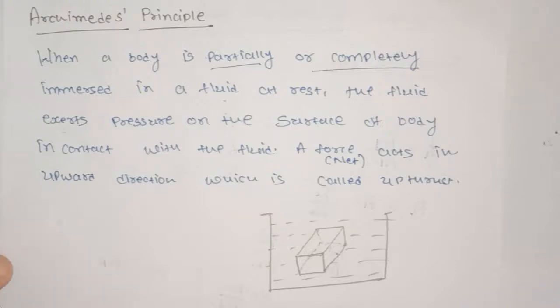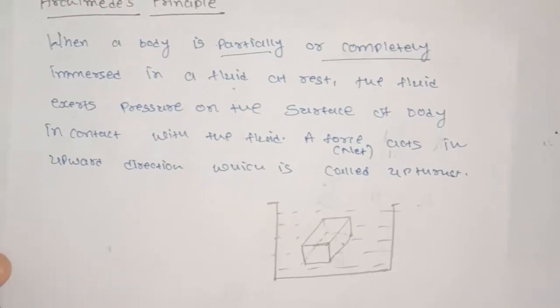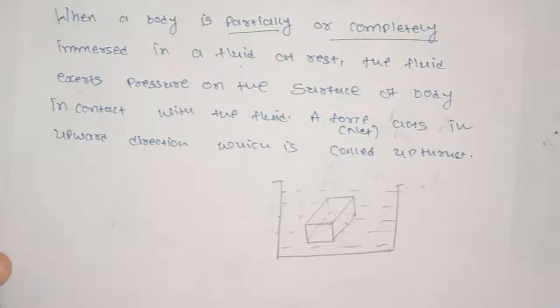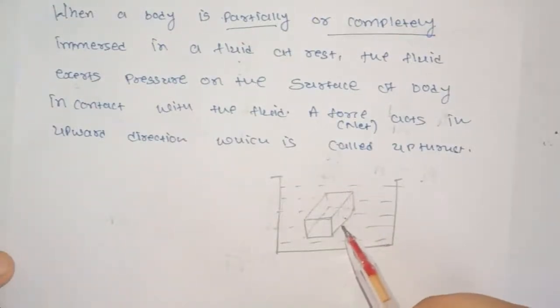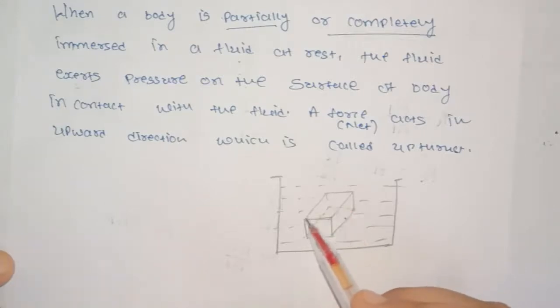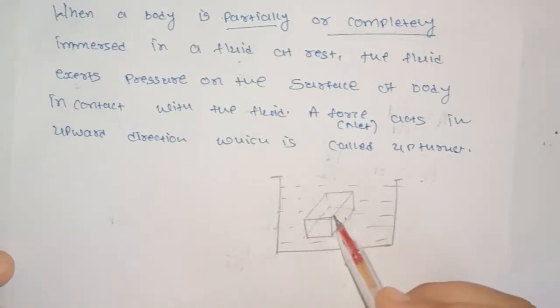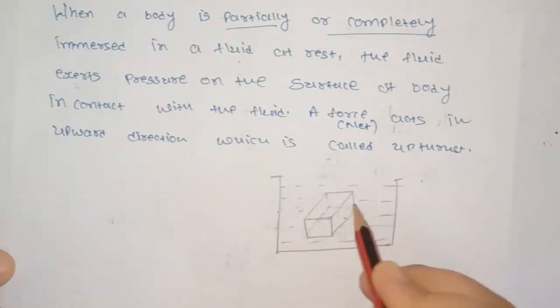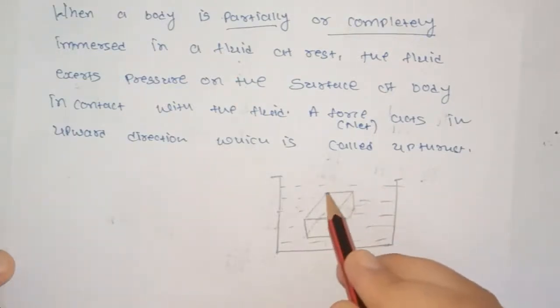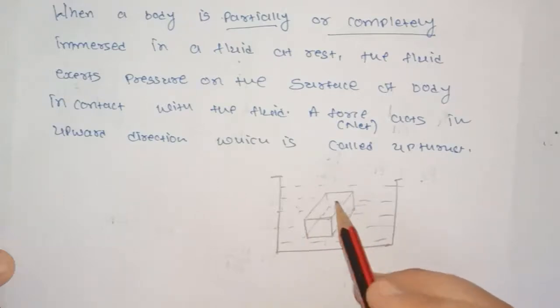Now, first of all, let us understand why the fluid exerts any force. Whenever we put an object in the liquid, this object will try to occupy some space within the liquid. To occupy the space, it will push the liquid molecules in all directions.